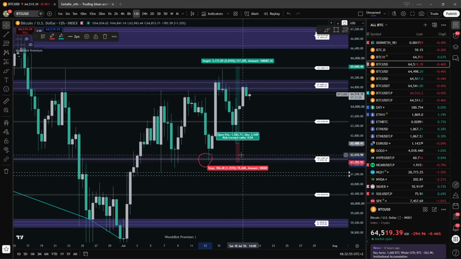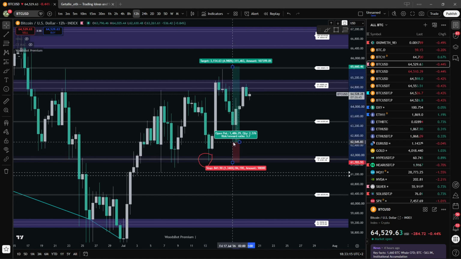I entered the trade based on the 50-minute time frame on the bullish divergence, but for my stop loss, I base it on my 12-hour market structure. If that makes sense to you. But it really depends on your trading strategy.